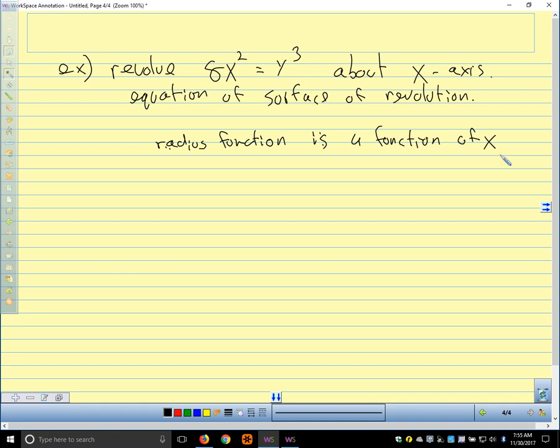So let's solve for y in terms of x. We take the cube root of both sides, so we get y equals 2x to the 2/3, which is a function of x. So we want a radius function to be a function of x.